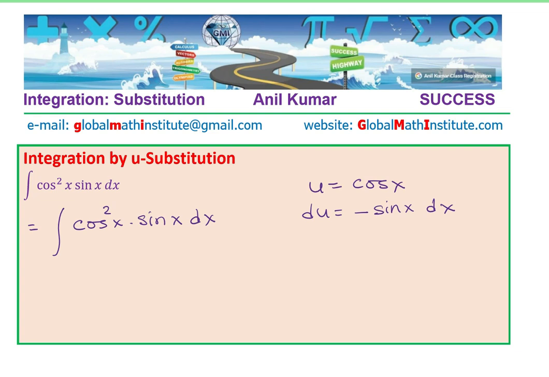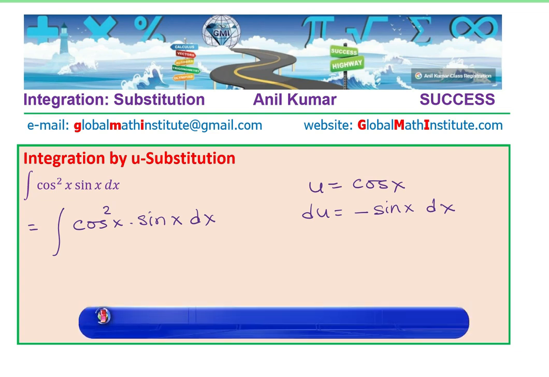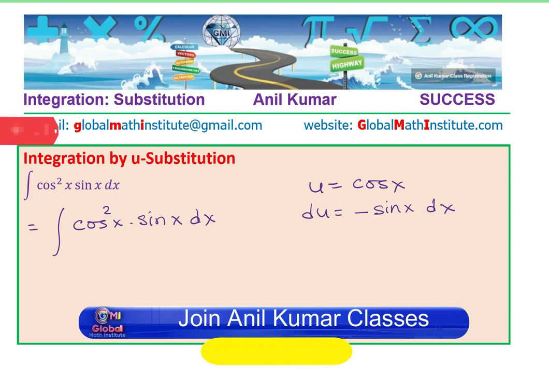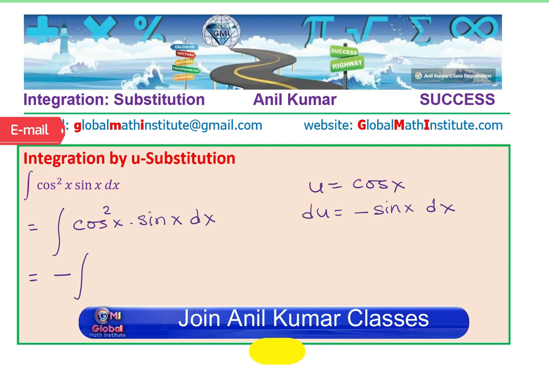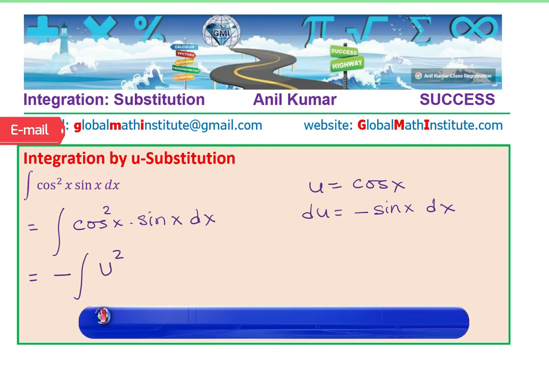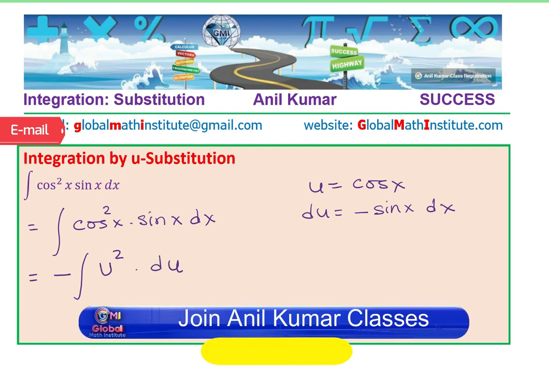You see, the integral part is now the product of a function and its derivative. Well, we do have a negative sign, so what we can do is we can substitute with a negative sign, right? This is for this negative sign. Cos x is u, so cos square x will be u square, and we have du. Makes sense, correct?